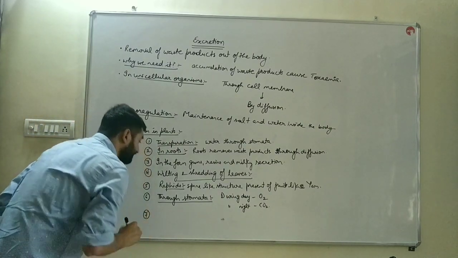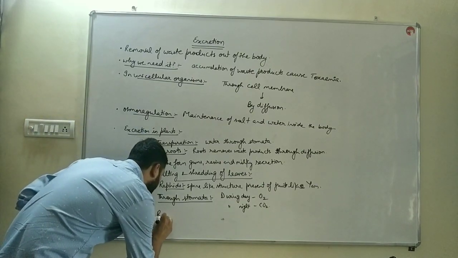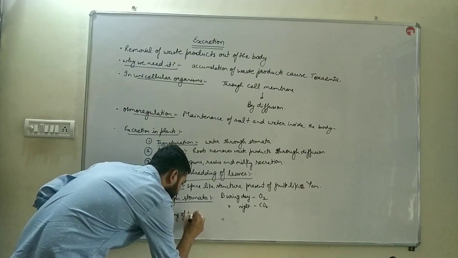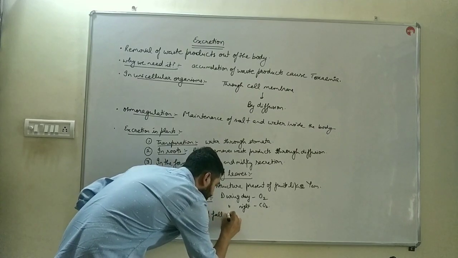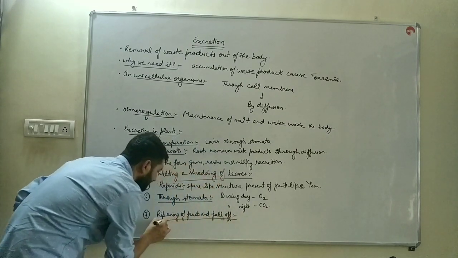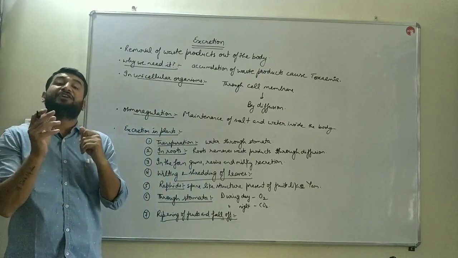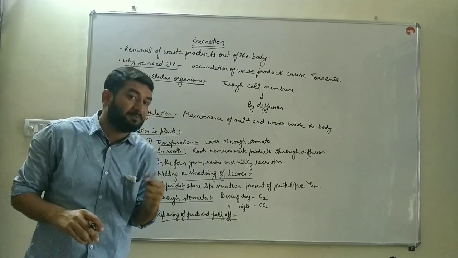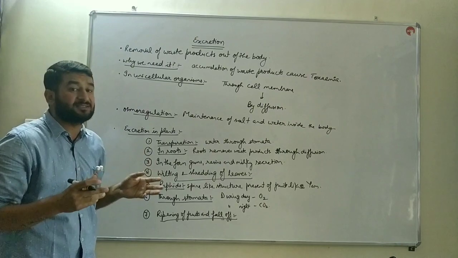The next method of removal of waste products is ripening of fruits and then falling. When fruits ripen, those fruits contain certain waste products. When those ripened fruits fall off from the plant, the fallen ripened fruit contains that waste.